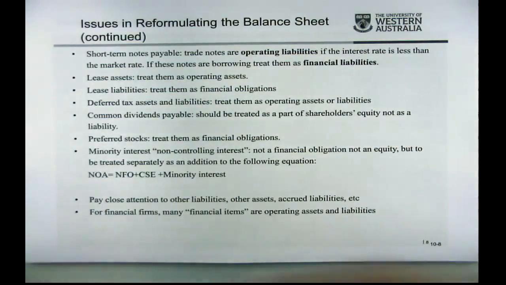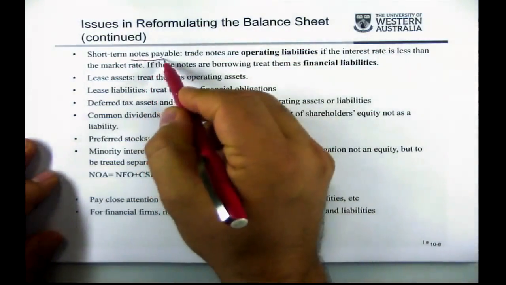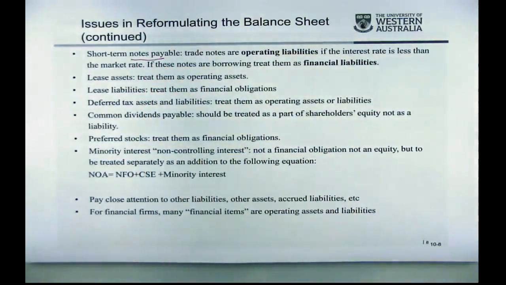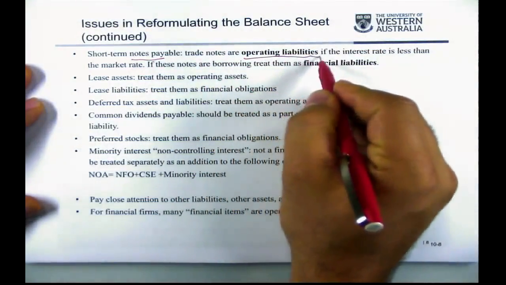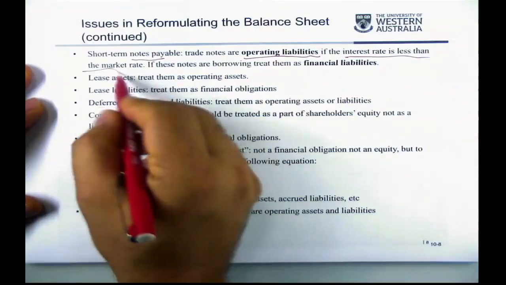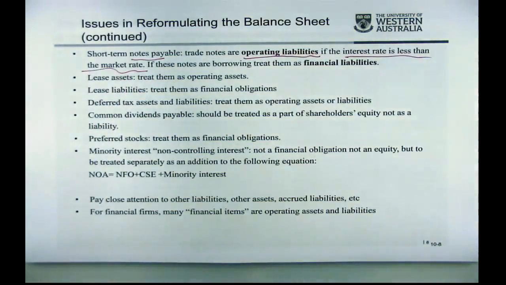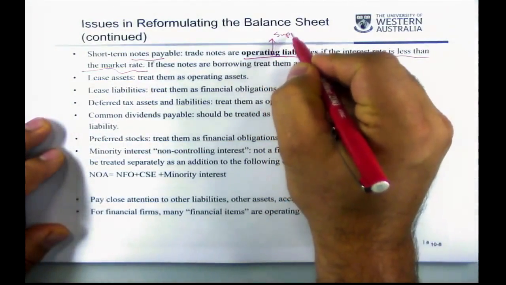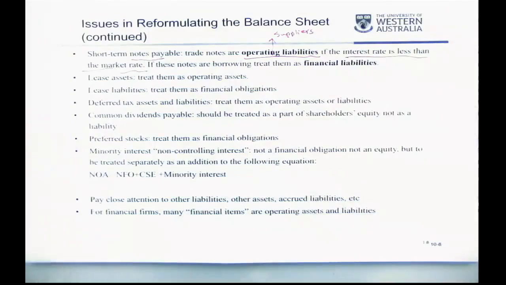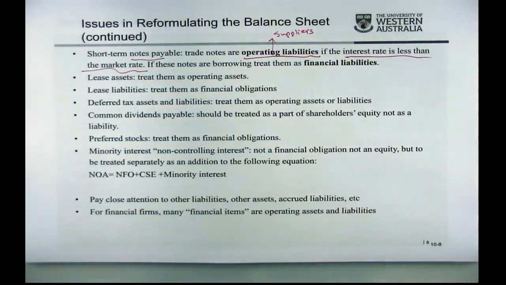Short-term notes payable. Notes payable, again, similar to the notes receivable, there could be either one of two cases. Trade notes are operating liabilities if the interest rate is less than the market rate. Normally, this one arises when dealing with suppliers. Sometimes the firm may buy inventory or goods from suppliers on credit.